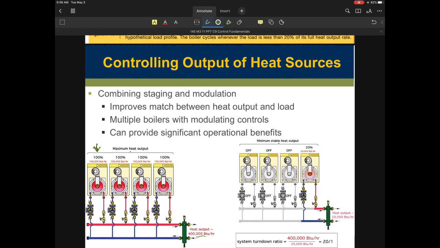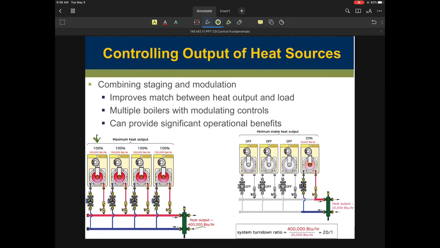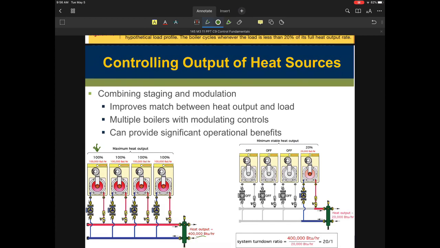Now what I can do then is have anywhere from the lowest value all the way up to the highest value. So at max command, I can give you the full 400,000 BTUs of capacity, each boiler being 100,000 BTUs. Now in the picture to the right, when I have less than what is needed, let's look at the turn down ratio, what we call the system turn down ratio.